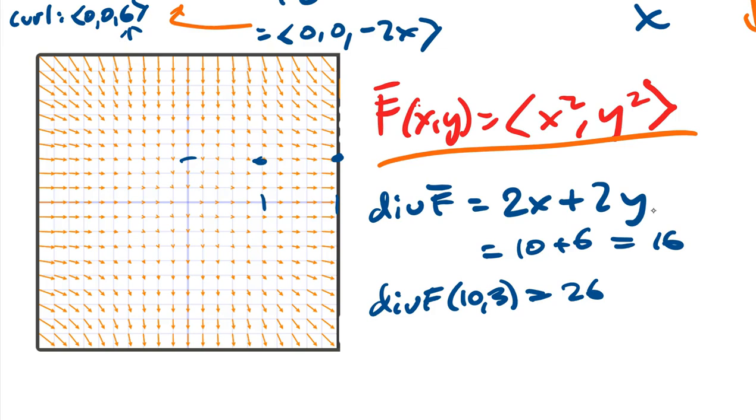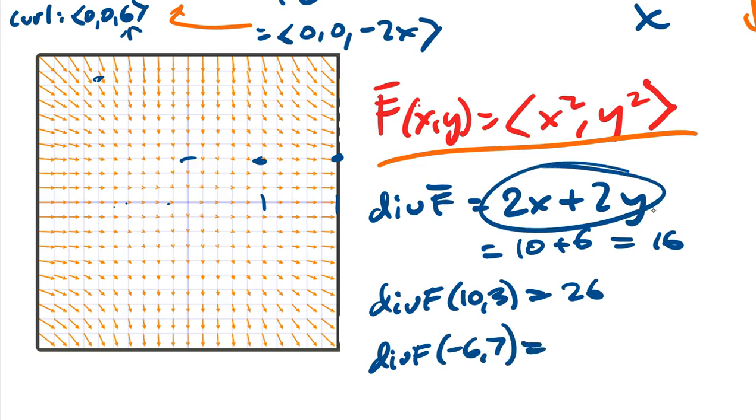Now let's look over here on the left side, at maybe 6 over and 7 up. Divergence of f at -6, 7. There'd be -12 plus 14, that's 2. So it's still a source here, but it's going to be much smaller than the ones over on this side.